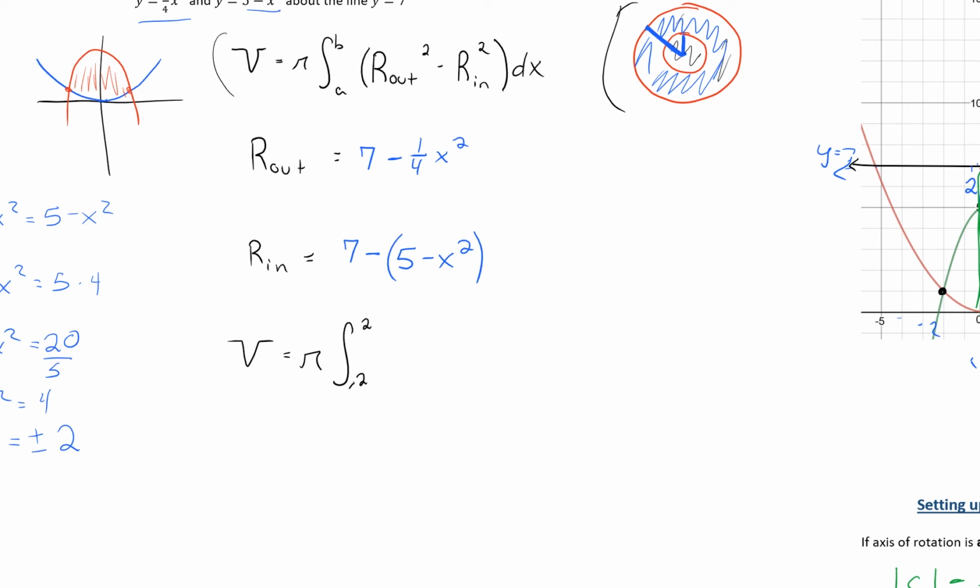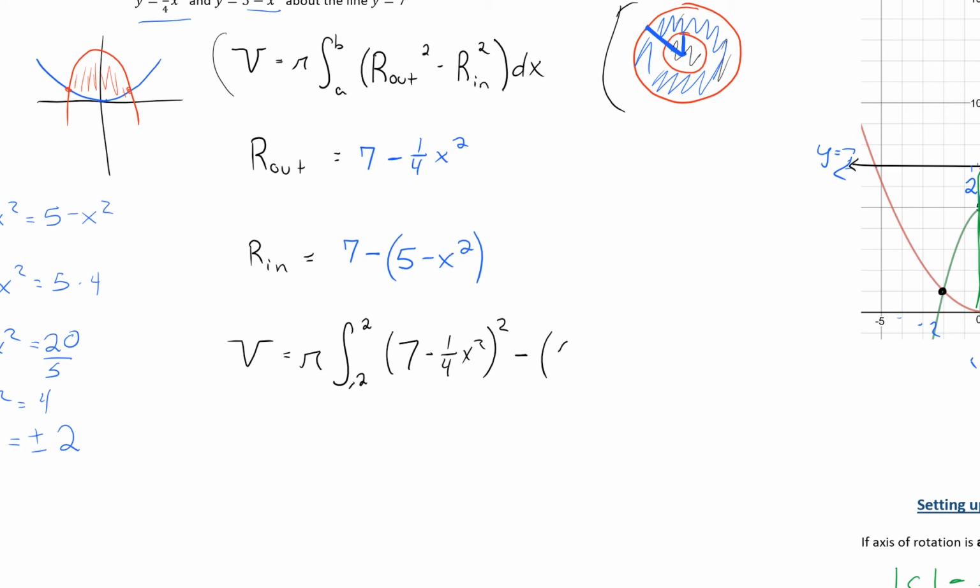Alright, then it's times the outer radius squared. So it's 7 minus 1/4 x squared, squared. Remember that it is tempting to just do the outer radius, but it's your outer radius squared minus your inner radius squared. And that again comes from the area formula for a circle, pi r squared.